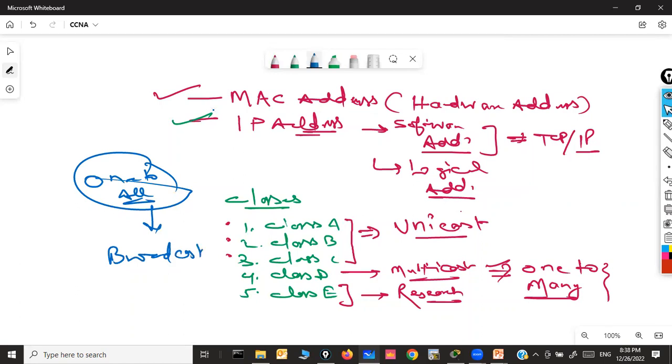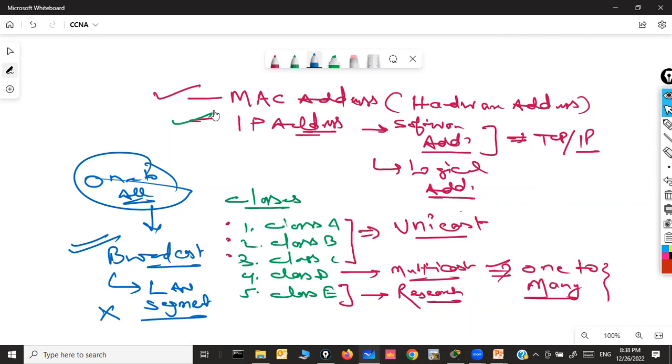But over the internet, broadcast addresses are never permitted. Broadcasting is only for a LAN segment, a network segment only. Over the internet, it is not allowed. Unicast and multicast are both allowed.